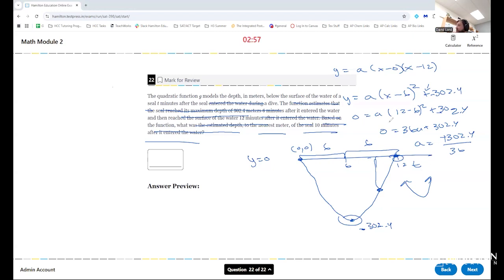All right, so now how can we find it at 10 minutes? Well, y equals 302.4 over 36, and then we plug in 10 minus 6 squared, plus negative 302.4. And what do we get on the calculator?